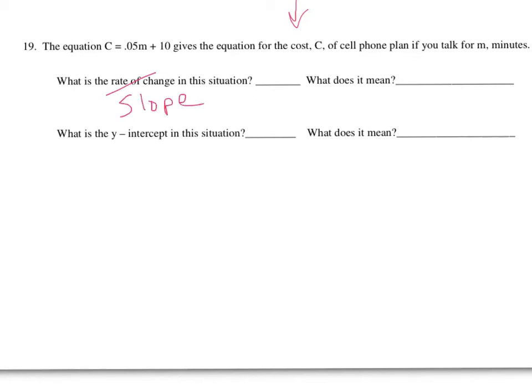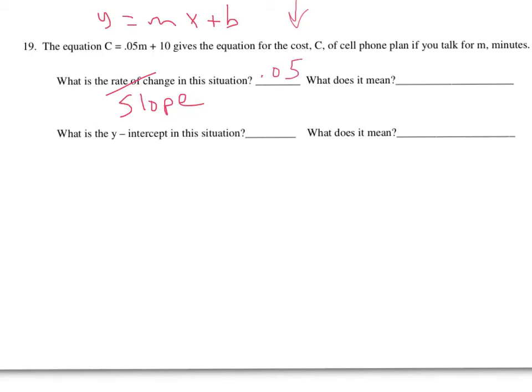And if we use y equals mx plus b as our guide, we know that slope is the coefficient of x, or the number that is being multiplied by x. So when I look up here, I see that we have 5 cents times m, so that's going to be my slope, or my rate of change. So we'll write that down, 0.05.